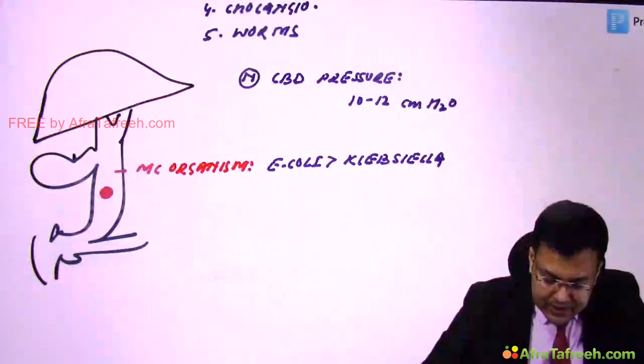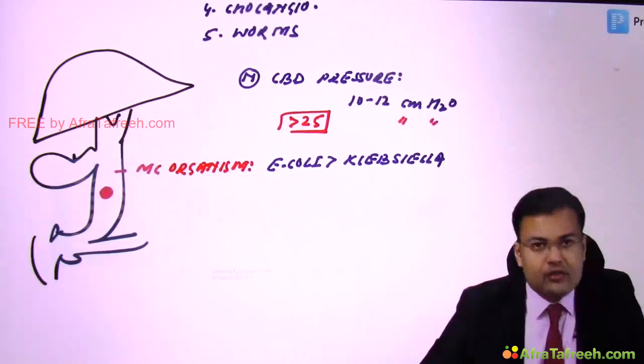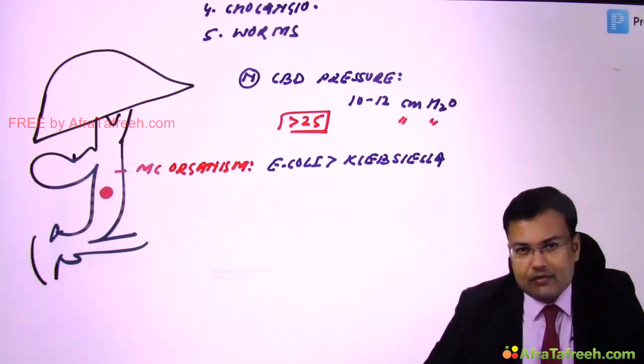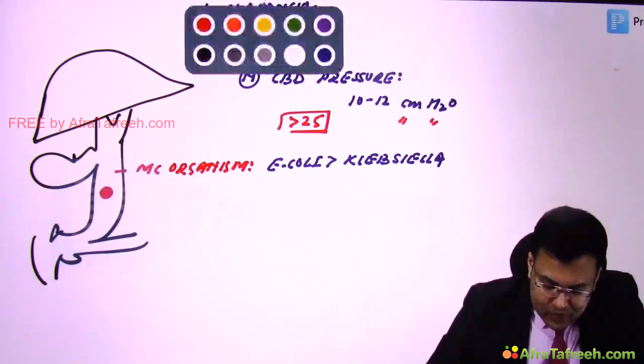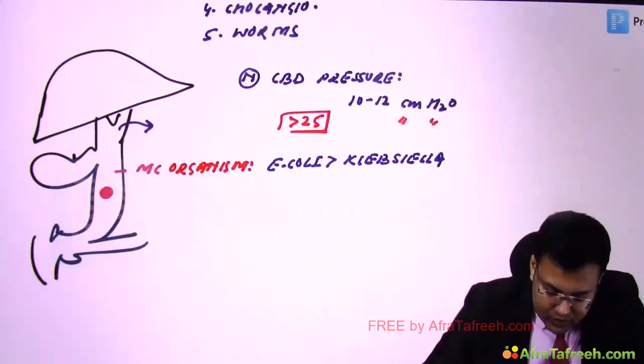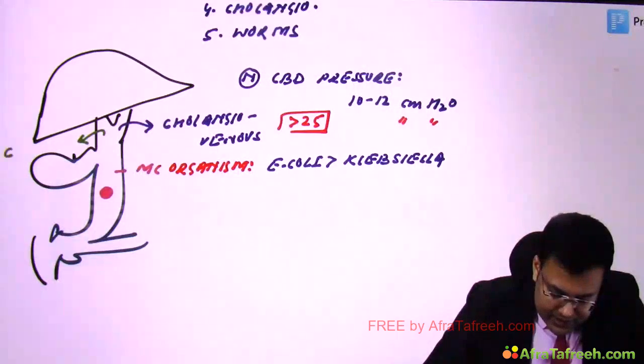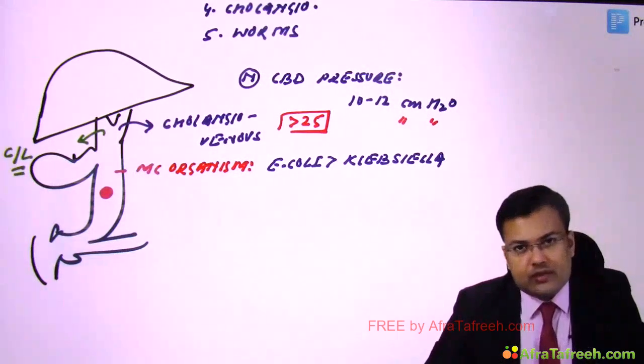Whenever this pressure is more than 25 centimeter H2O, two refluxes are going to occur: one is cholangiovenous reflux, and one is cholangiolymphatic reflux.